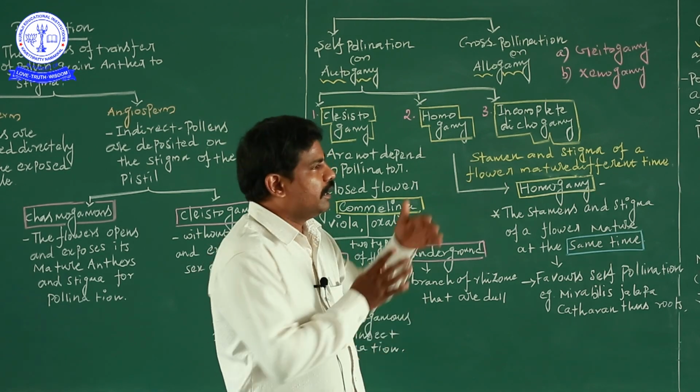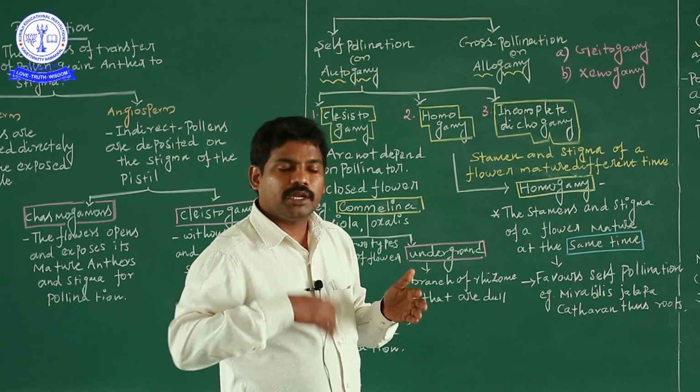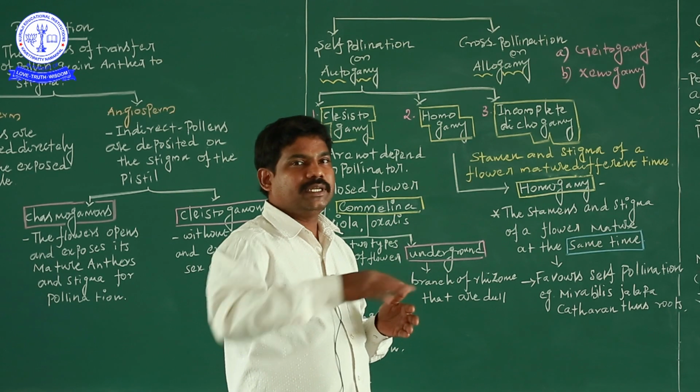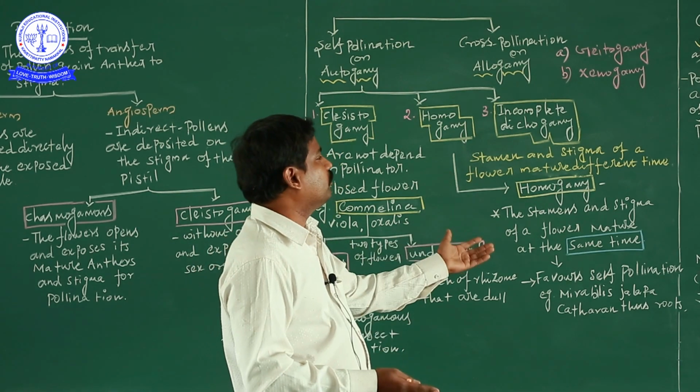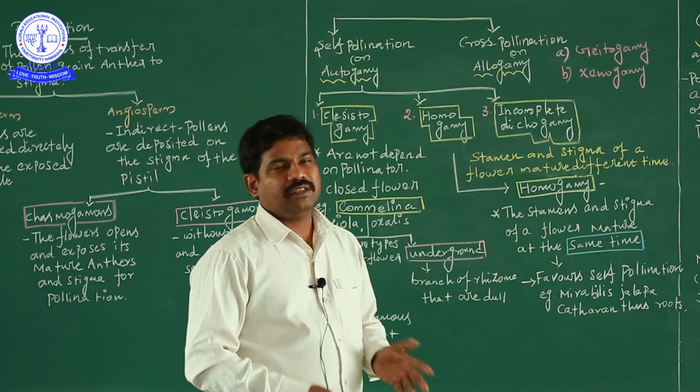First of all, the male character is produced, and then one or two months later the female character is produced. Since the stamen and stigma are produced at different times, pollination is very rare.